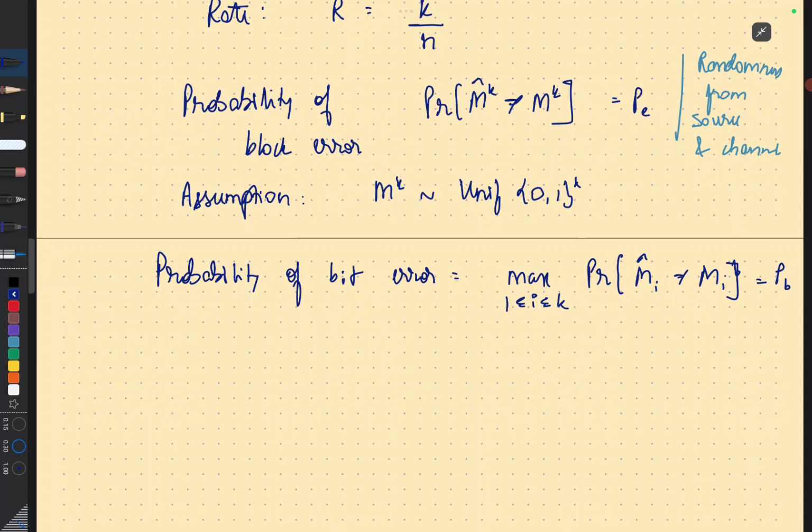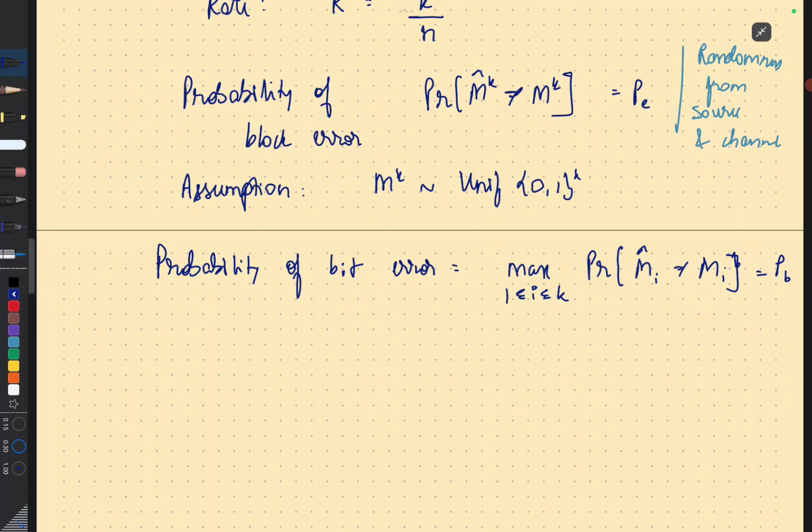Let me call this PB. Now, it's easy to see that PE is less than or equal to K times PB. Why is this true?